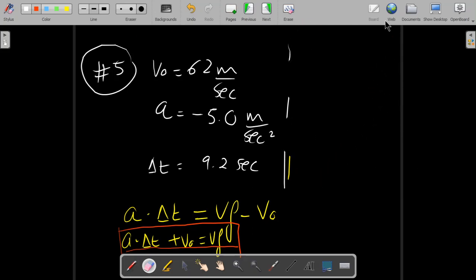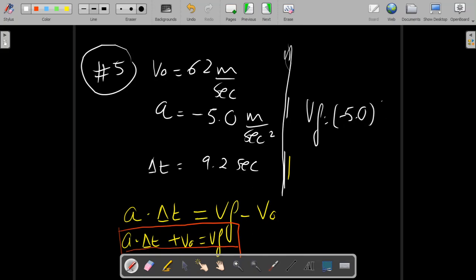Here we go. I'm going to go back to white. Make that line again. So my velocity final is my acceleration. Okay, what is acceleration? Minus 5.0, multiplying my change in time, or the time it took, 9.2, and then I need to add my initial velocity, plus 62.